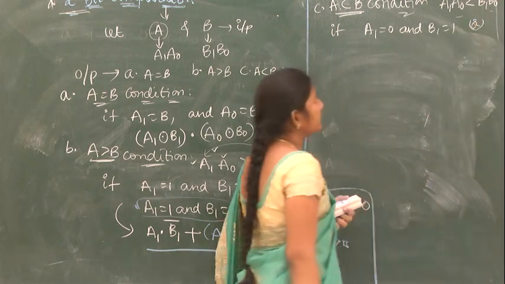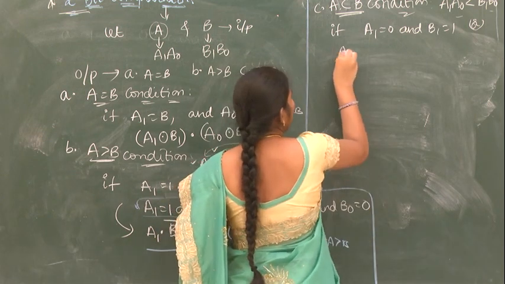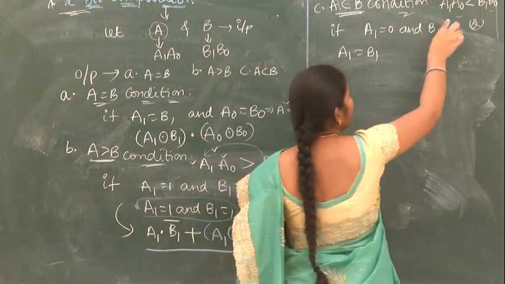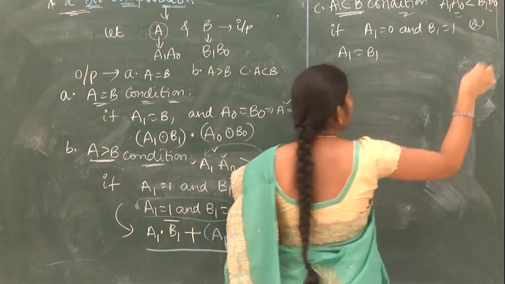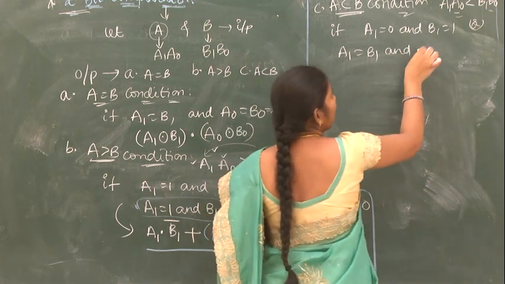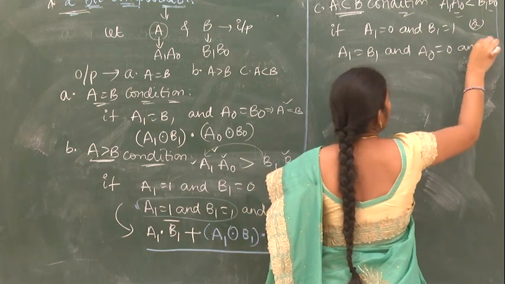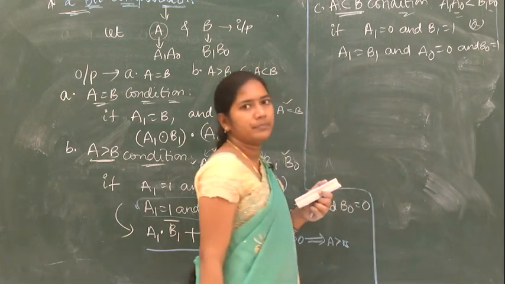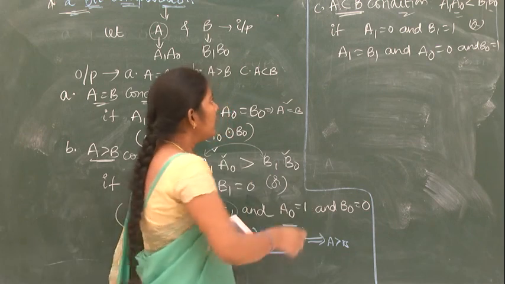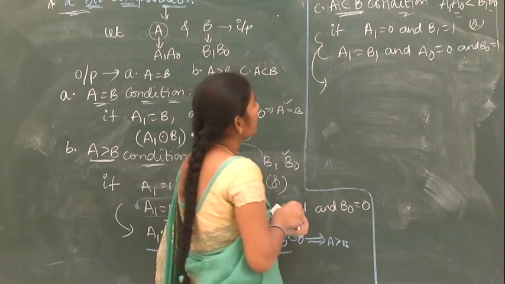Or, the second possibility is what? Maybe A1 equal to B1. If that is the case, we need to check the LSB bit, the next position. So if A1 equal to B1, then A0 must be 0 and B0 must be equal to 1. This is the condition to get A less than B. Now we need to write this condition in logic expression form.